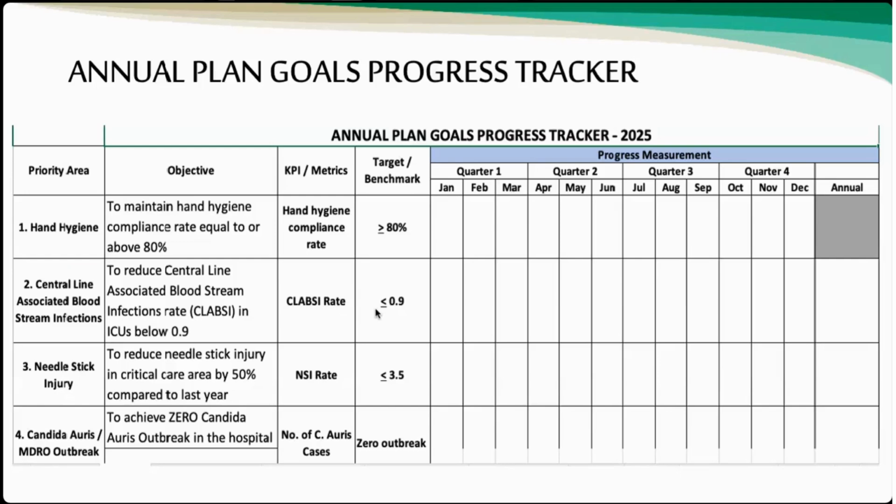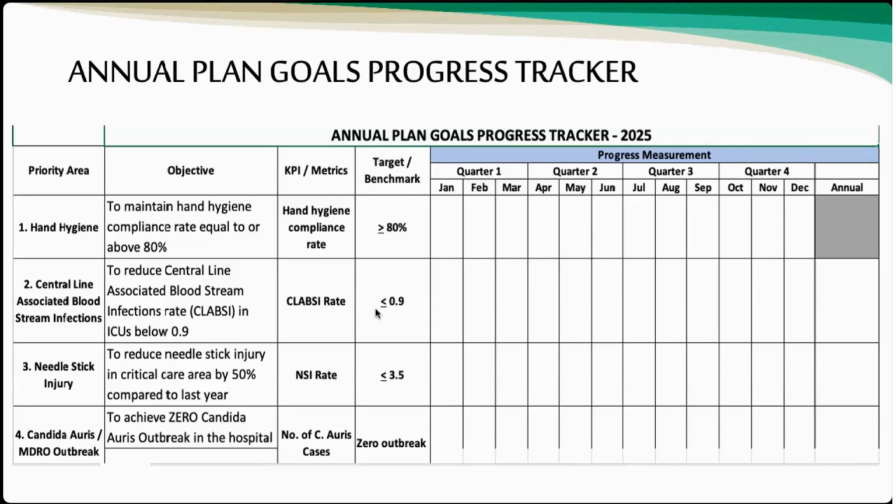But if we didn't check the whole year, if we didn't check our progress, at the end of the year you will realize that your hand hygiene compliance rate is below your target or below your benchmark. So nothing to do at the end of the year. That's why you have to track your progress during the year.